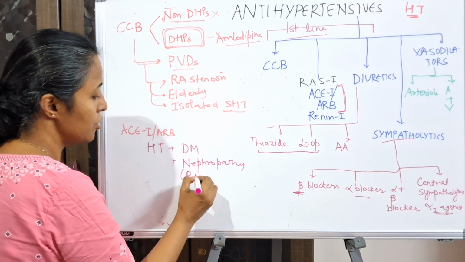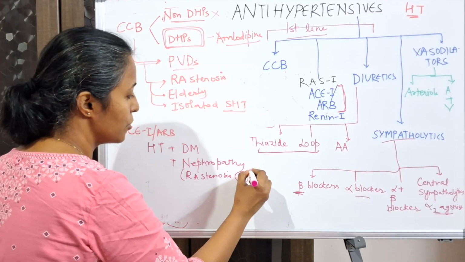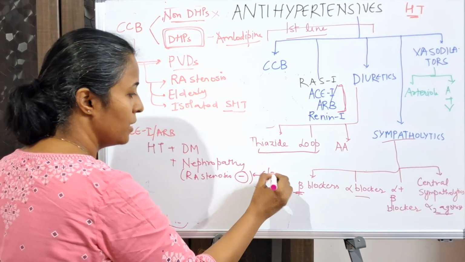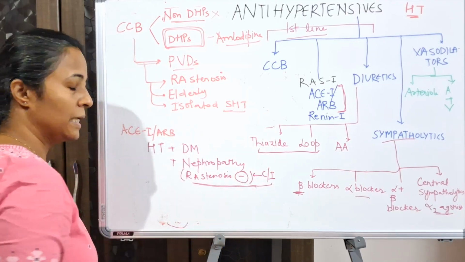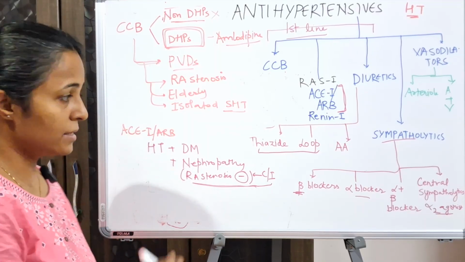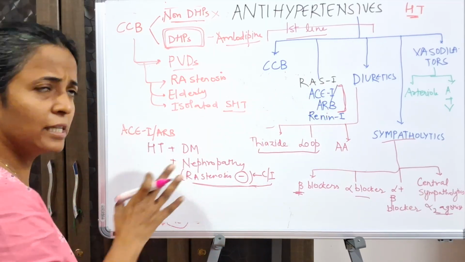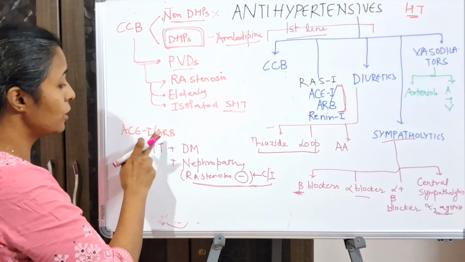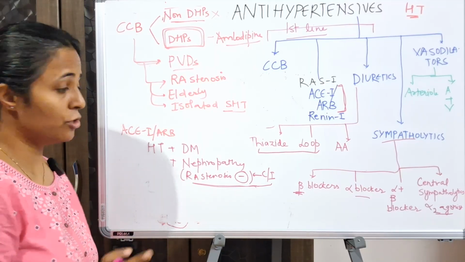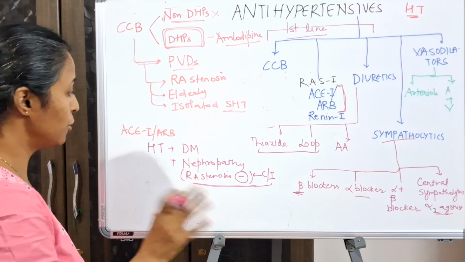In renal artery stenosis, these RAS inhibitors are contraindicated, because if they are given, then the blood flow to the kidneys is totally compromised. This I have already discussed in the video on RAS inhibitors that you can watch in detail. So they are not used in patients with renal artery stenosis, but any other kind of nephropathy they are used.